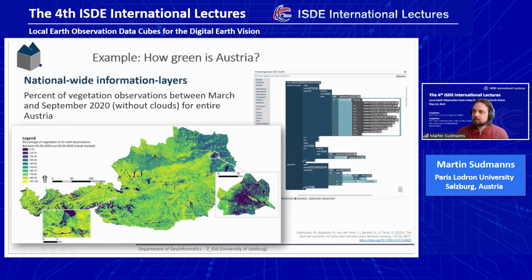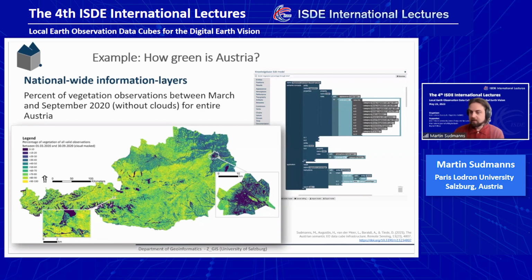You see very nicely the lakes and the mountains and the rocks where no vegetation is, but you also see the impact of the cities and the infrastructure on the vegetation. So we can create this type of information layer. Again, on the right side, you see the semantic model that has been applied to generate this information layer.